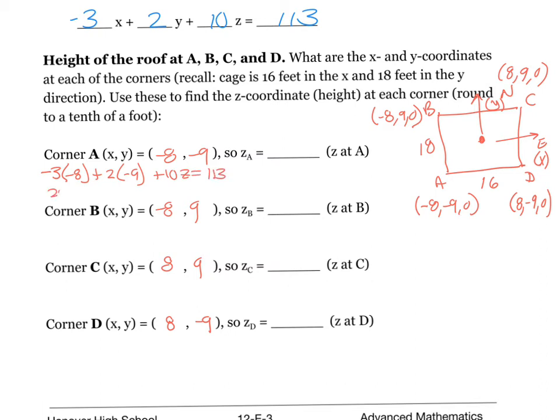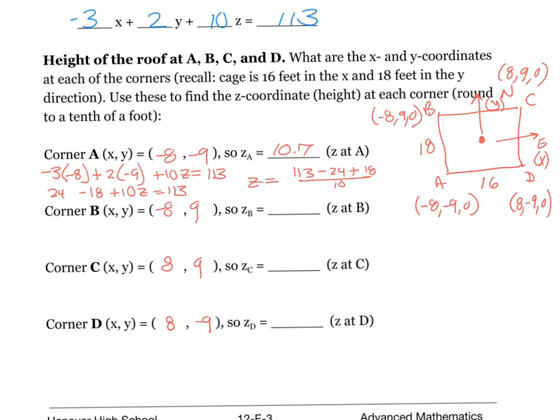So you have 24 minus 18 plus 10z equals 113. Solving that, we're going to get z equals (113 minus 24 plus 18) over 10, which is about 10.7.